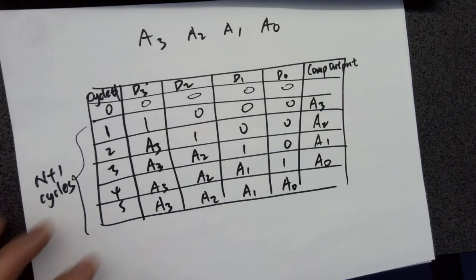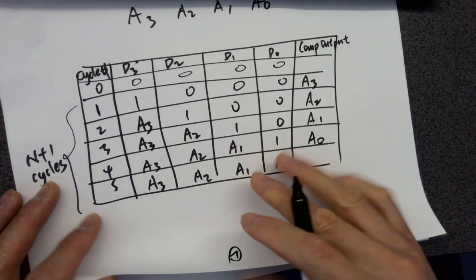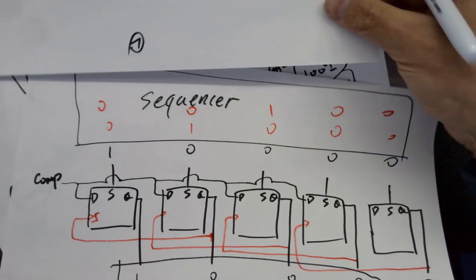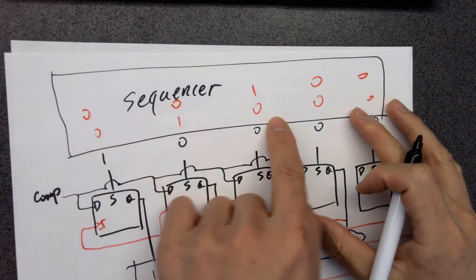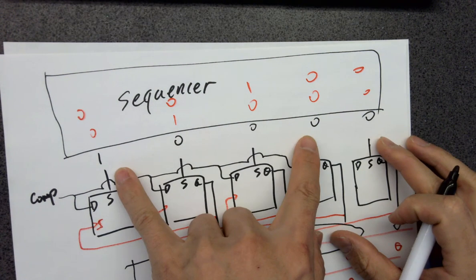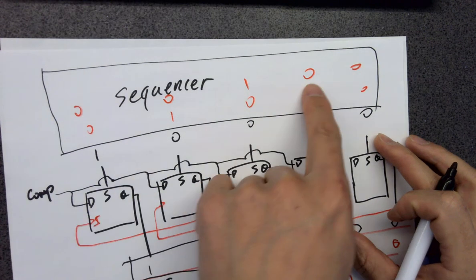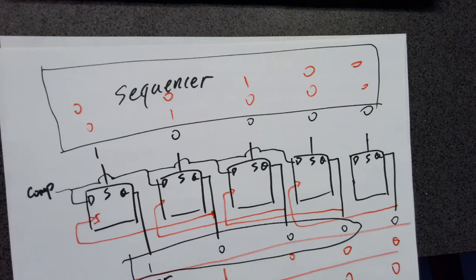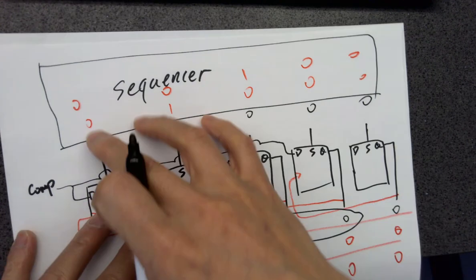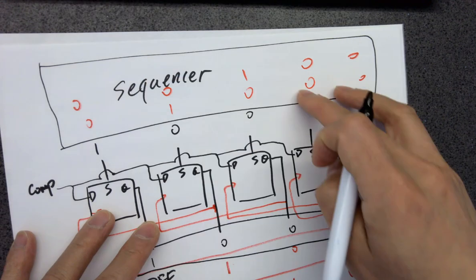So now let's look at the sequencer circuit. We need something that is able to do this job: create this one first and then keep shifting it to the right and plugging zeros in front of it. What can we do? These are the inputs from the sequencer.